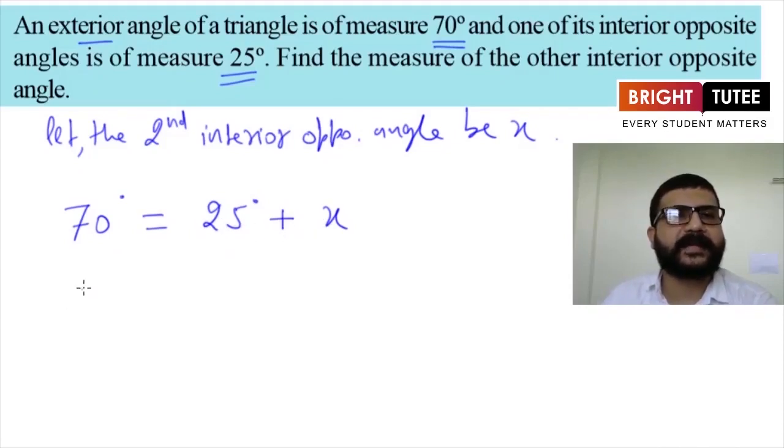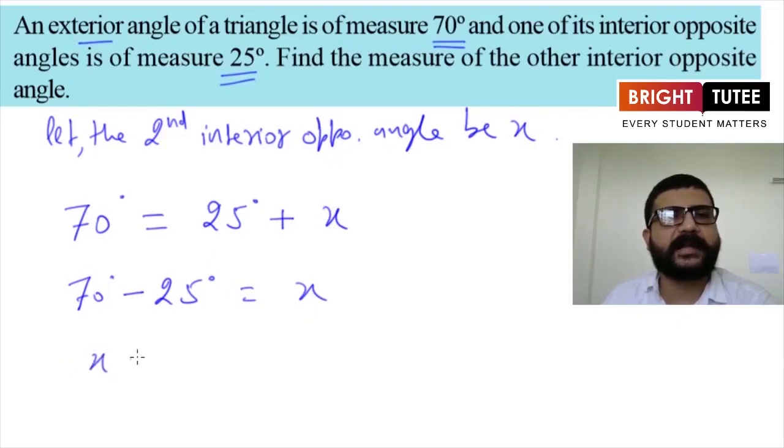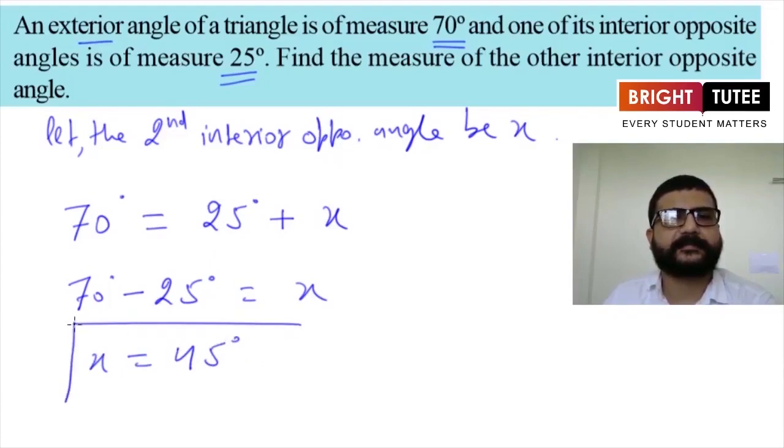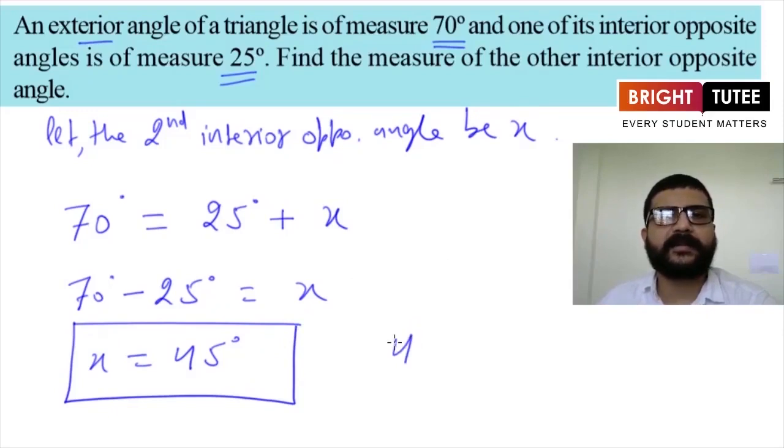Now from here we can get 70 degrees minus 25 degrees is equal to x. Now by simplifying we will get x is equal to 45 degrees. So the final answer for this question will be 45 degrees.